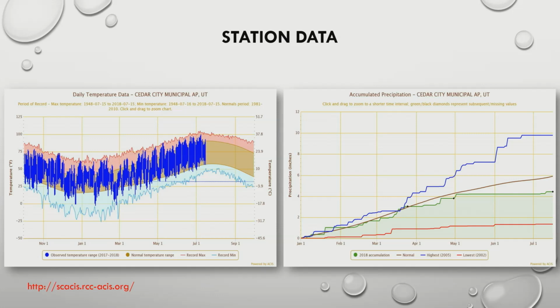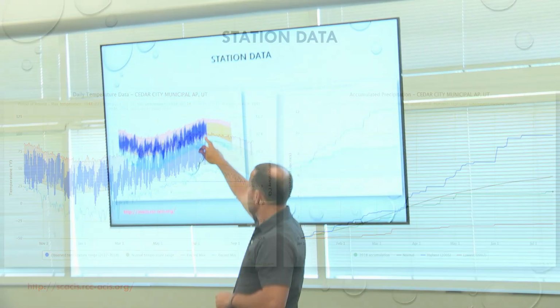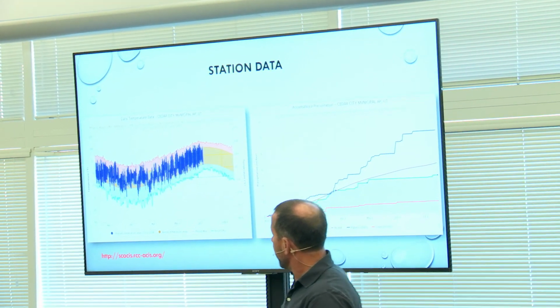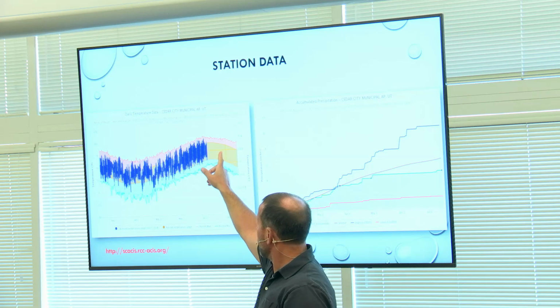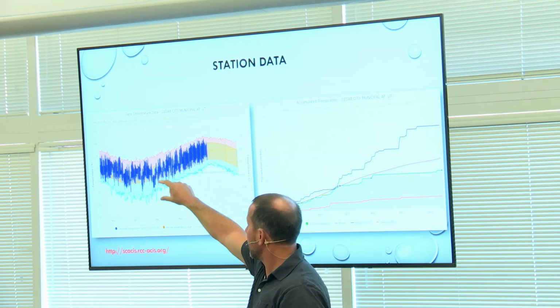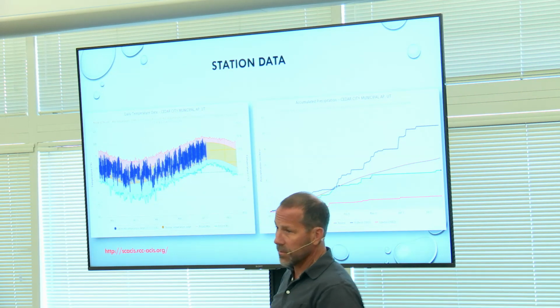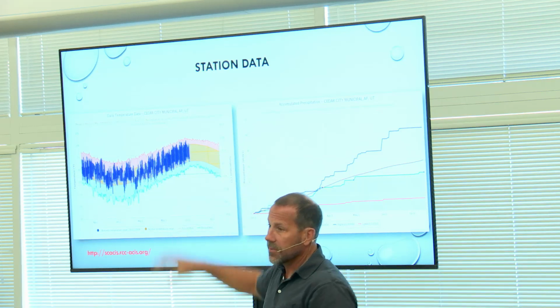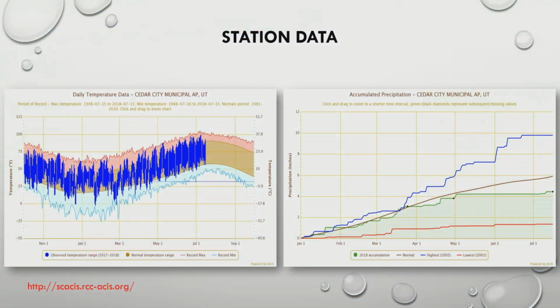Each line represents the high and the low for that particular day. And then these are the normals within the brown area. So that's the average for that time period over the entire period of record. And then you have the extreme highs and lows. So you can get a quick look at how the past water years looked in terms of temperature.